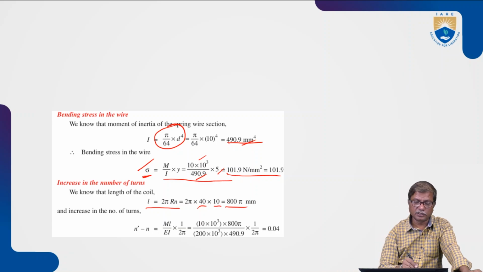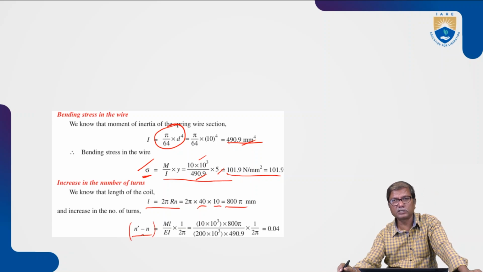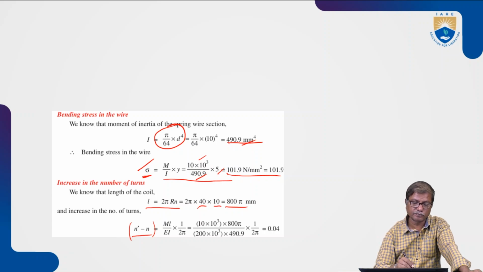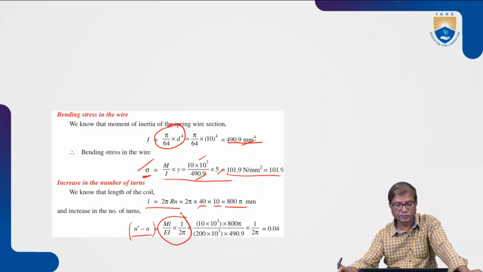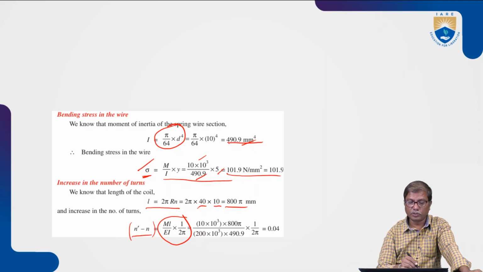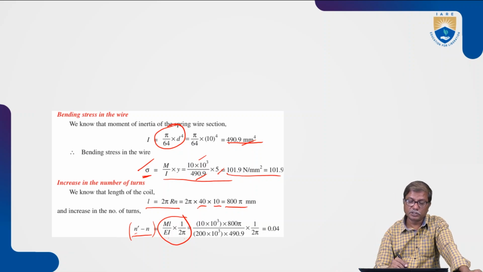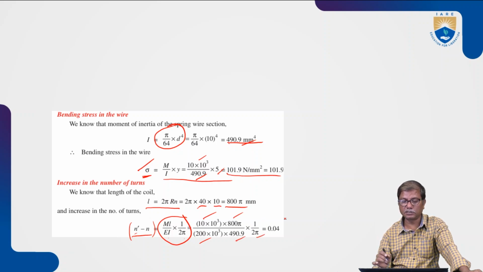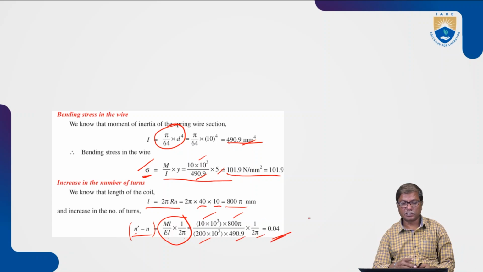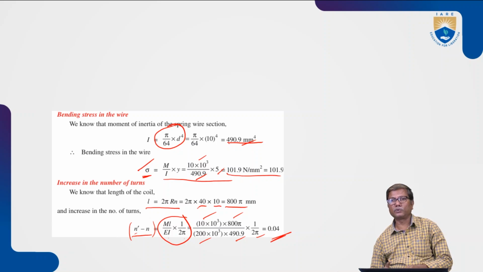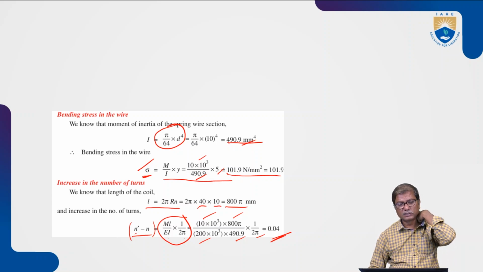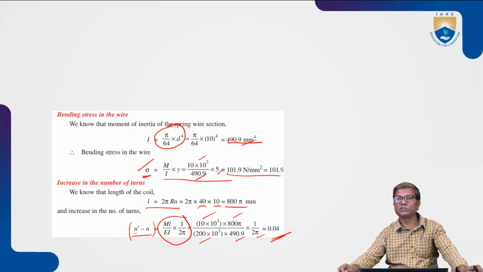So n dash minus n, the change or increase in the number of turns, is given by 2 pi into n dash minus n equals ml by ei. So we want n dash minus n, so ml by ei divided by 2 pi. Substituting the values m, l, e, I, you will get n dash minus n in this case as 0.04. So increase in the number of turns is 0.04.